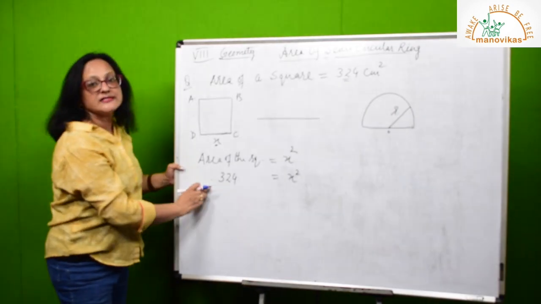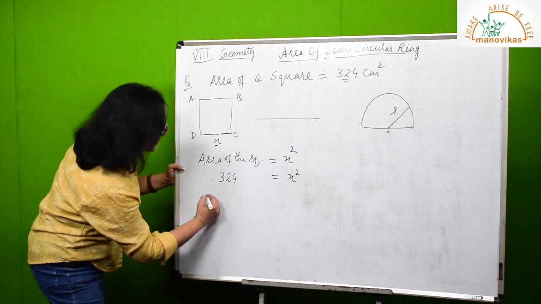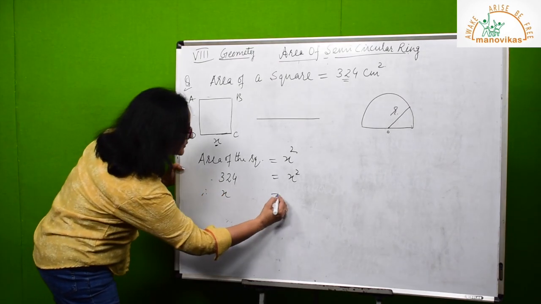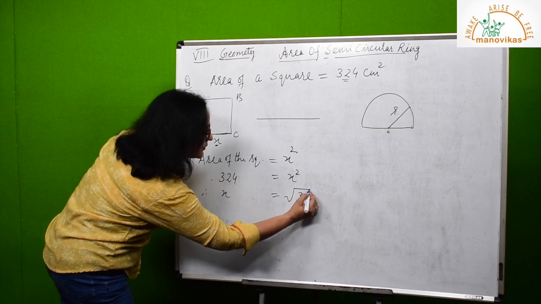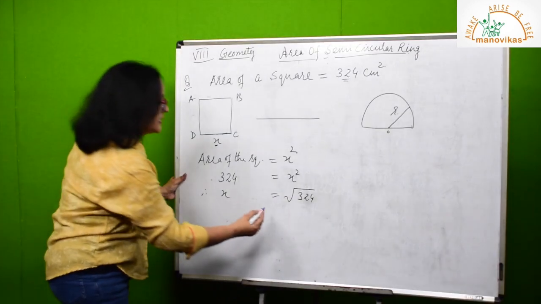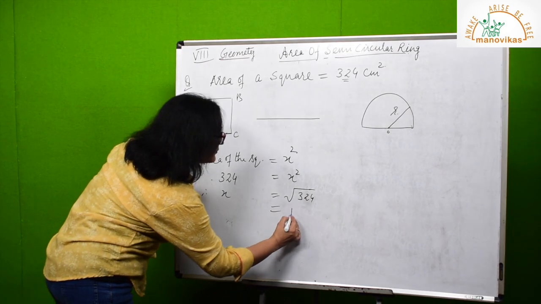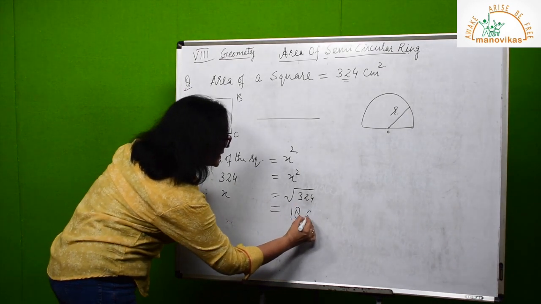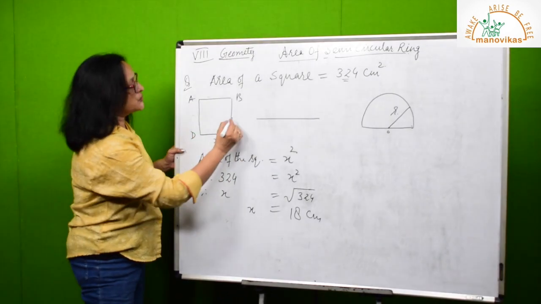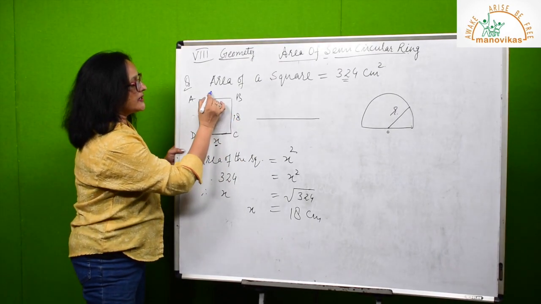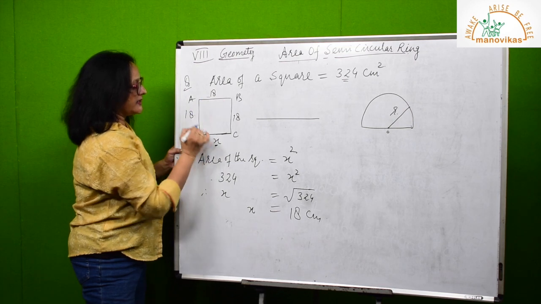We have to take the square root of 324. So x is equal to the square root of 324. What is the value? The square root of 324 is 18. So you got x is equal to 18 centimeter. So here the side of the square is equal to 18 centimeter.